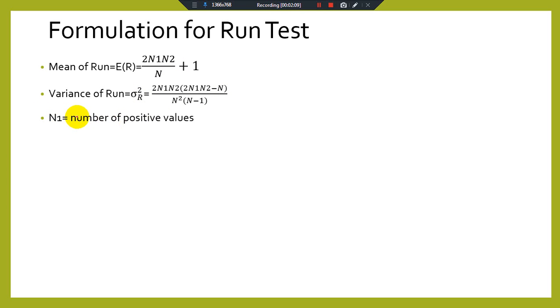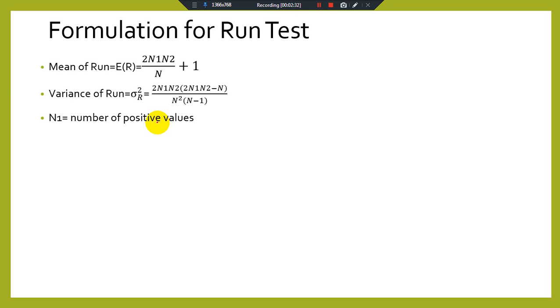Okay, n1 is the number of positive values, or you can say the number of positive observations in a series. We have a data set in a series, or we can find the error term in the form of a series, and we know that in the series of error terms we have some positive values and some negative values.